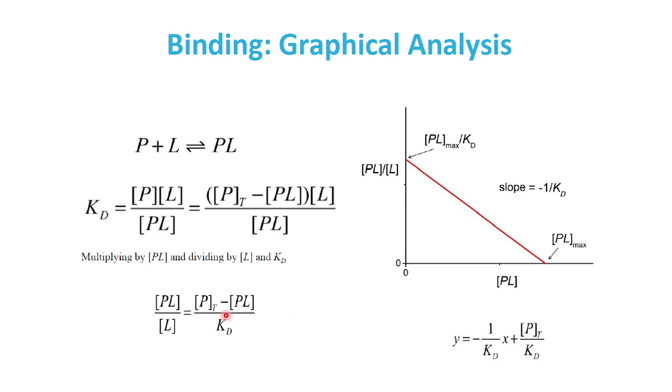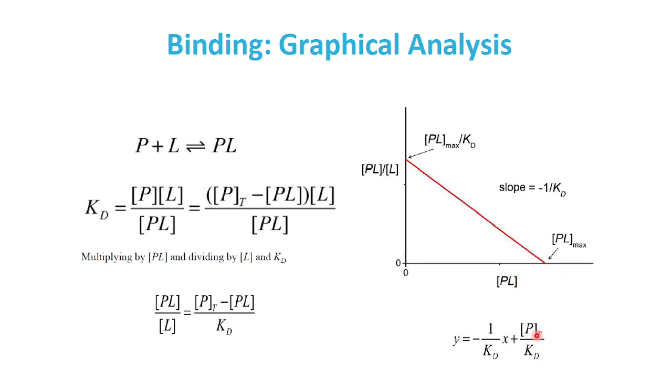When we plot your complex concentration divided by ligand concentration versus your protein-ligand complex, we get a straight line with a negative slope, where your slope equals minus 1 by Kd, and this point represents your maximum complex concentration divided by Kd, and this is your maximum complex concentration.